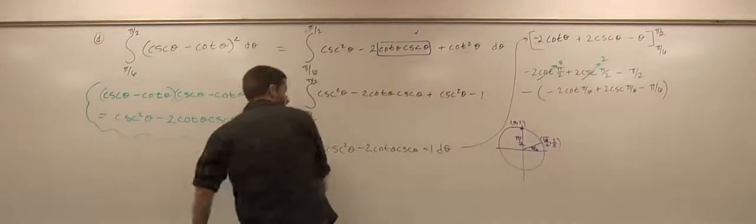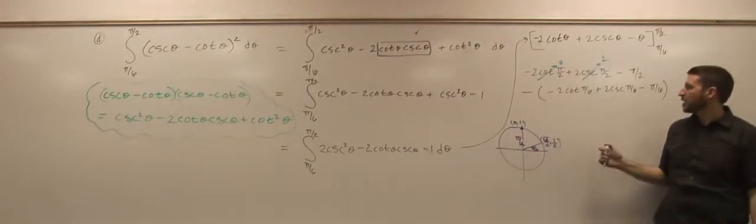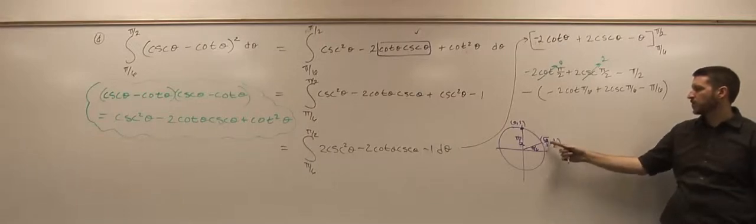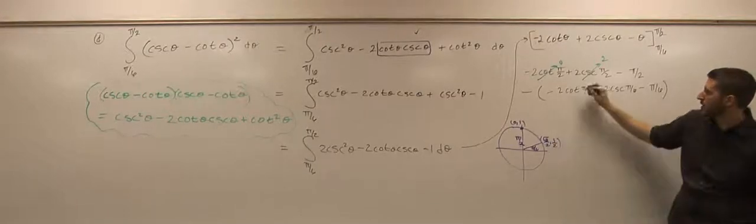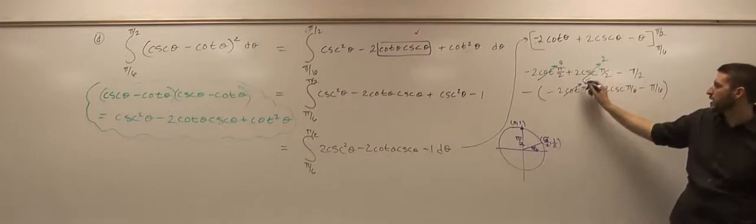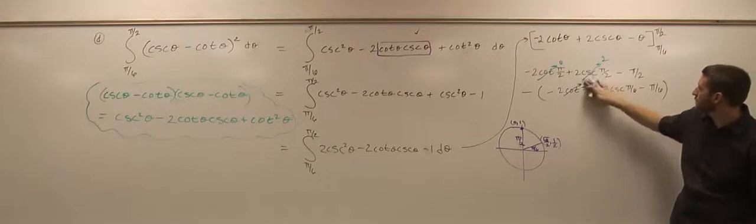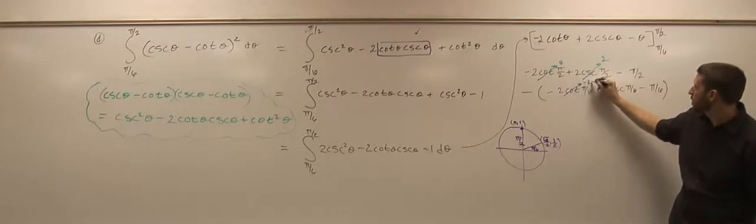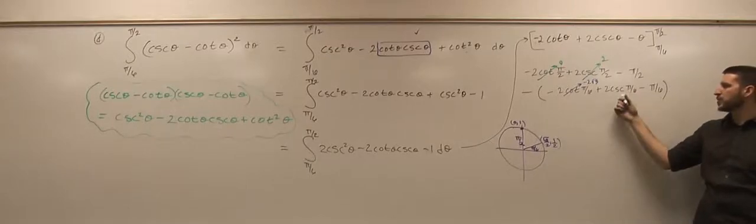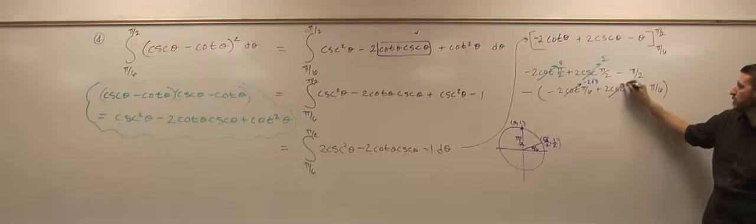Cotangent of pi over 6, you know what that comes out to be? Cotangent, we said, was cosine over sine, so x over y, root 3 over 2 divided by 1/2. Ends up giving you root 3. There's a 2 here. So let me put negative 2 root 3 altogether. Cosecant of pi over 6 is the reciprocal of 1/2, which is 2.